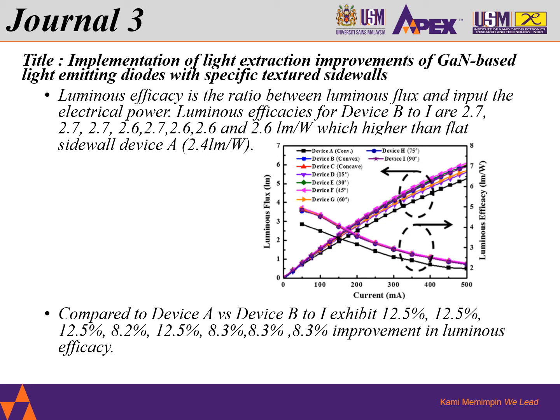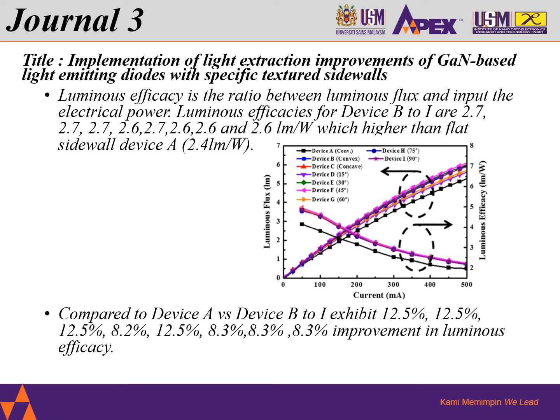Another characteristic performed on these devices is luminous efficiency, which is the ratio between lumen flux and also input electrical power. Lumen efficiency for devices B until I, as stated in this slide, from 2.7 until 2.6 lumen per watt, is higher compared with the flat sidewall device A at 2.4 lumen per watt.